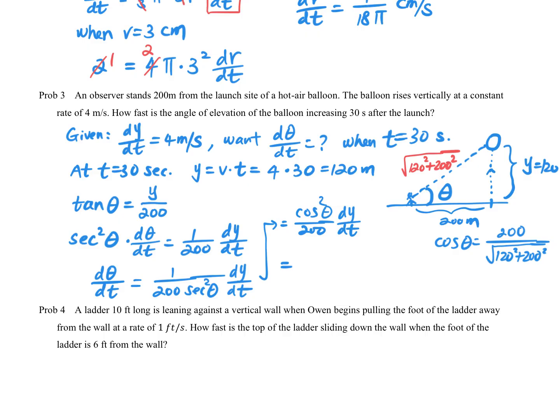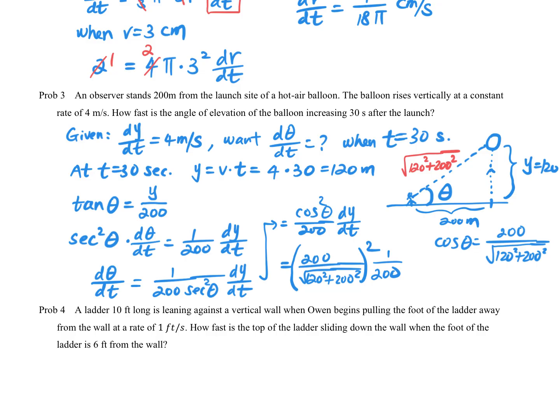So finally, I have the cosine theta squared. Here's the cosine theta squared: 200 over the square root of 120 squared plus 200 squared, and then squared. Over 200, right? So basically times 1 over 200, and then times the dy/dt, and we do know that this is equal to 4.